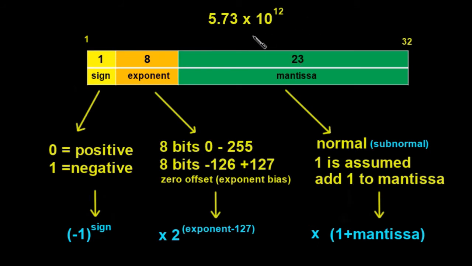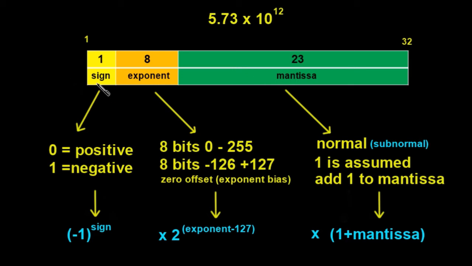So we've copied over this number here, which is 5.73 times 10 to the 12, and we've also got our 32-bit binary floating point number. The first bit's a sign, 8 bits for exponent, 23 bits for Mantissa. Now we're going to look at each of these individually: the sign, the exponent and the Mantissa.